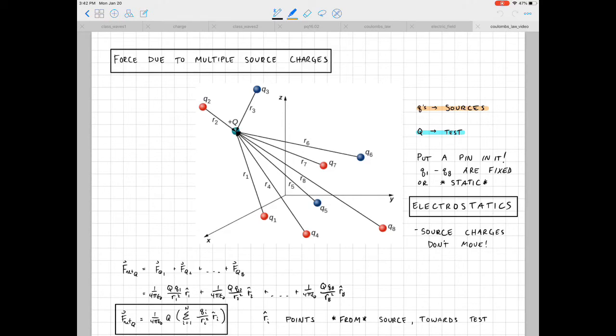And so let me just point out here, I've got 8 different, what I'm calling source charges, and I'm circling them. And these source charges are charges that are not interacting with each other.